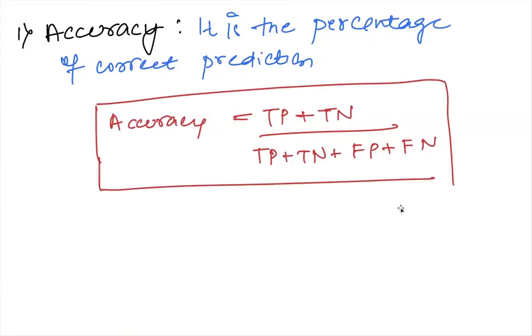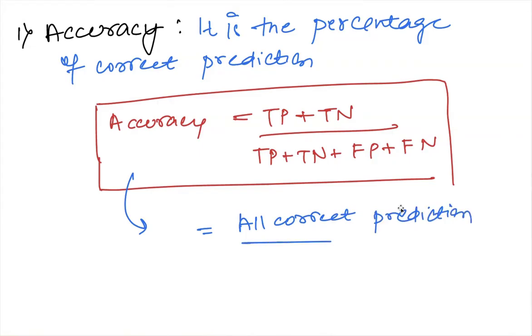First tell me, is this clear? So what does accuracy mean here? Accuracy is nothing but all correct predictions divided by all total predictions.